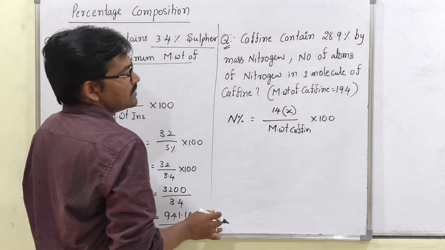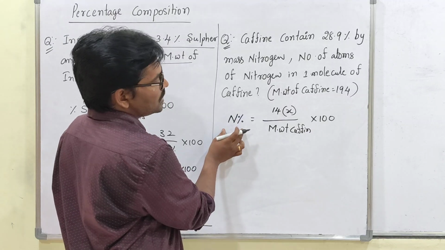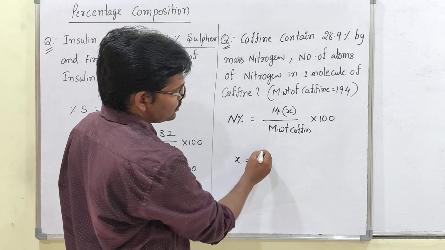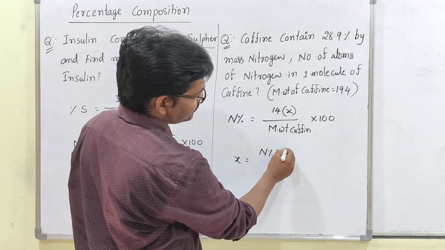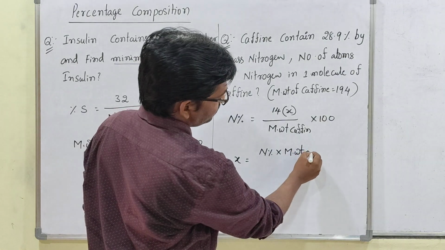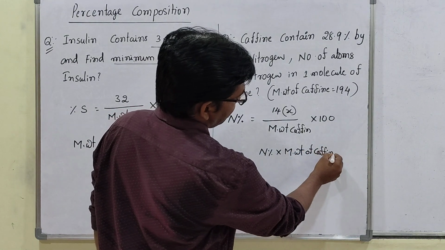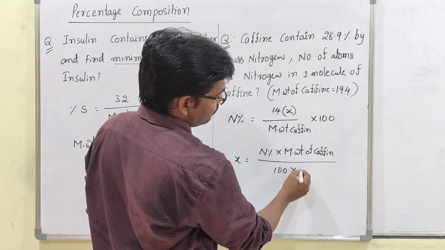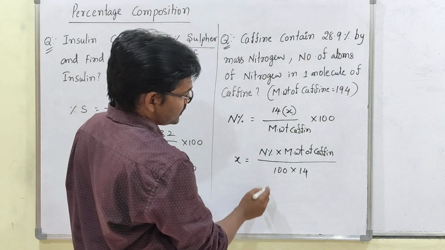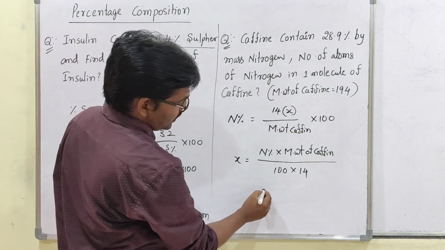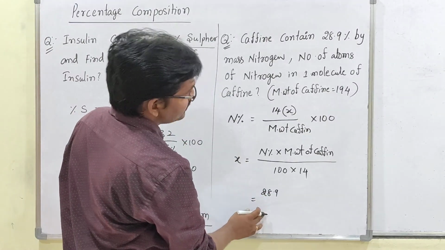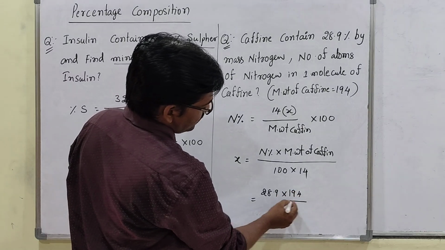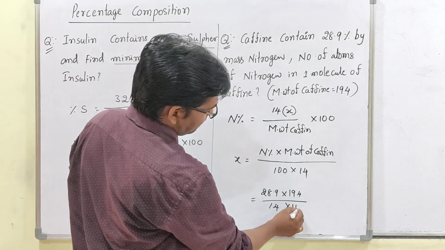Okay, clear? Sir, molecular weight is given, percentage of nitrogen is given, so you have to find out the x value, that's it. So x value equals percentage of nitrogen into molecular weight of caffeine, divided by 100 into 14. So percentage of nitrogen, 28.9, into molecular weight of caffeine, 194, divided by 14 into 100.